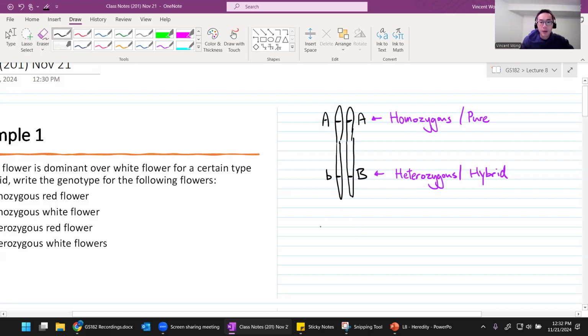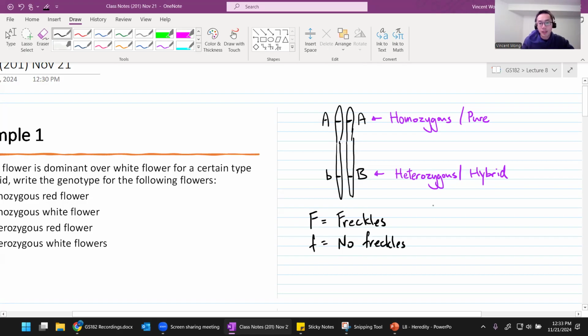We also talk about the dominant and recessive relationship. So let's take freckles, for example. Capital F would be freckles. And then little f will be no freckles.